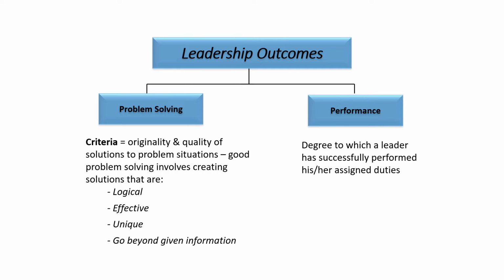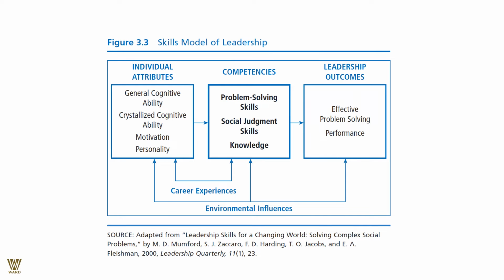The leadership outcome is basically all about performance and problem solving: solving issues, removing hindrances, enhancing performance, reaching objectives, and that is what catapults a person to the position of a leader.